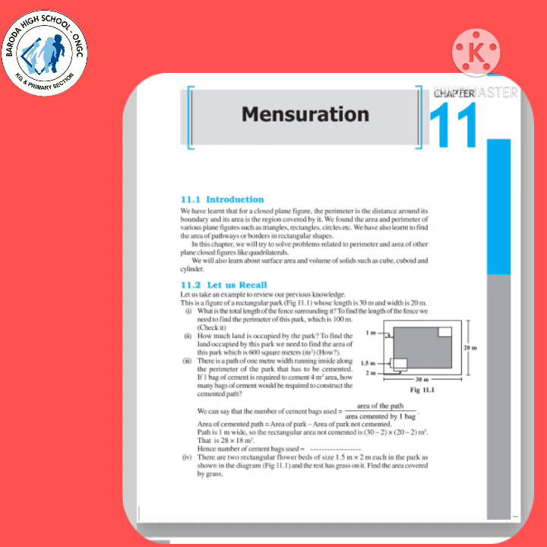Further in this chapter, we will study how to calculate surface area and volume of solid shapes and different combinations of shapes. So this is all about what we will learn in this chapter number 11.